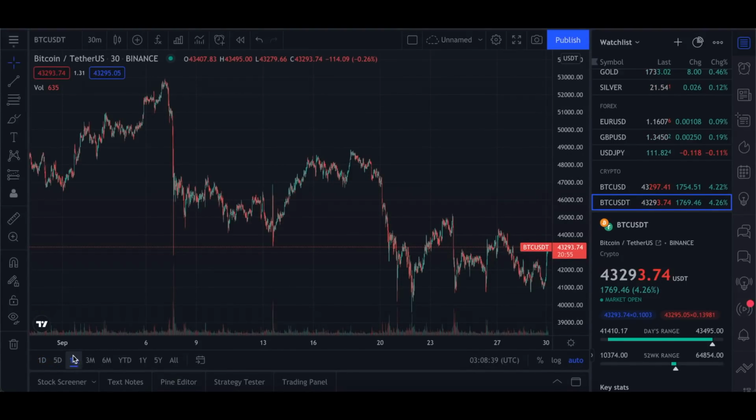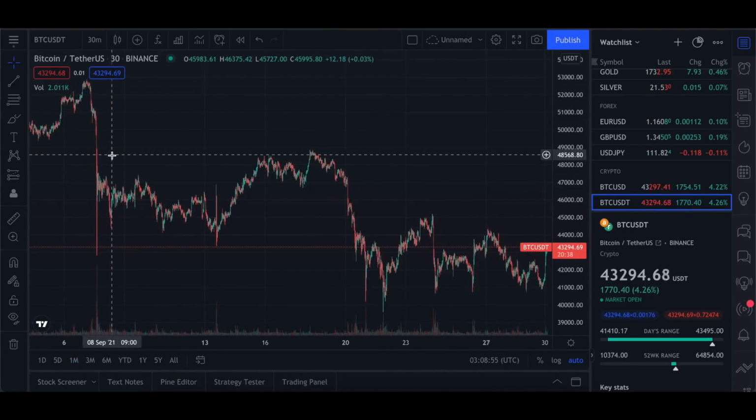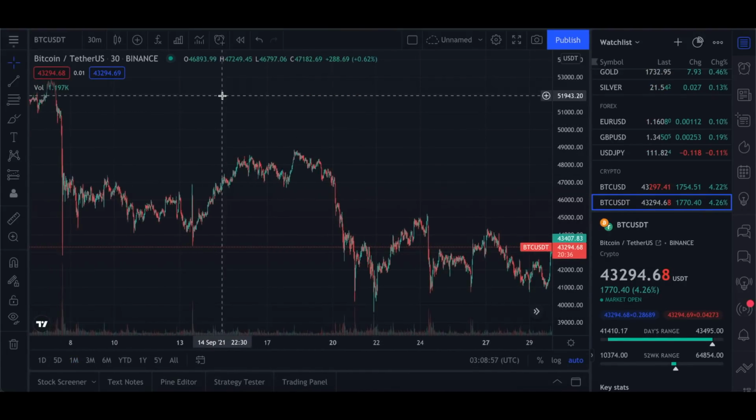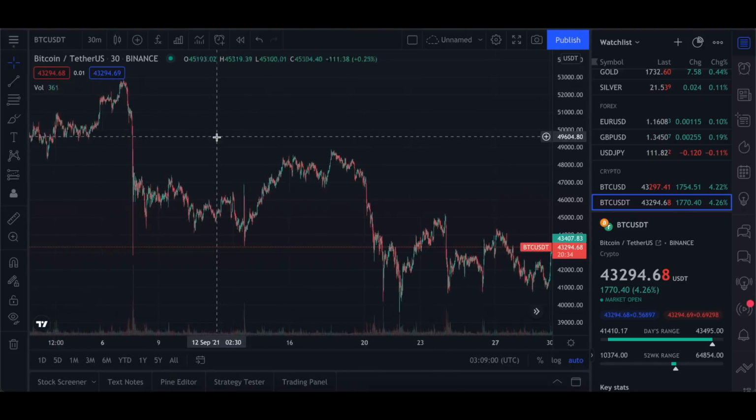So we see September and now the end of September. And each bar is representing 30 minutes, what the price or the volume has done in the past 30 minutes.